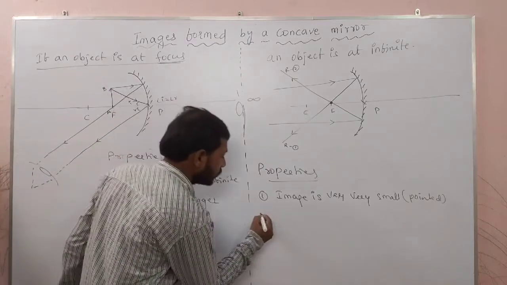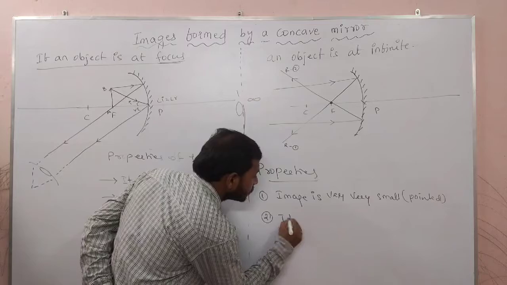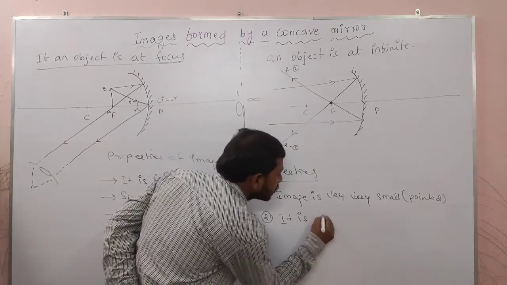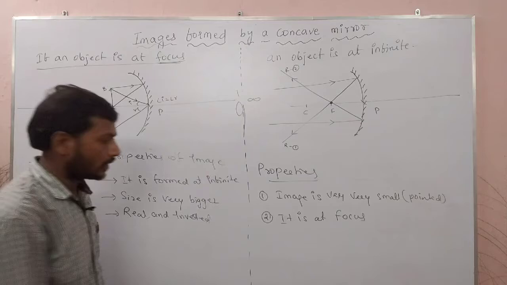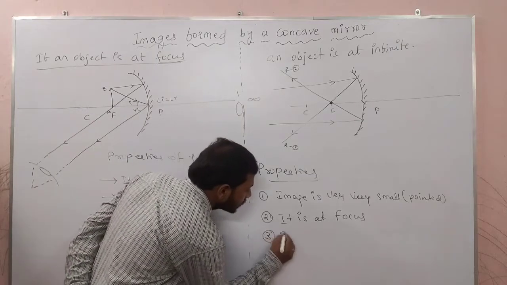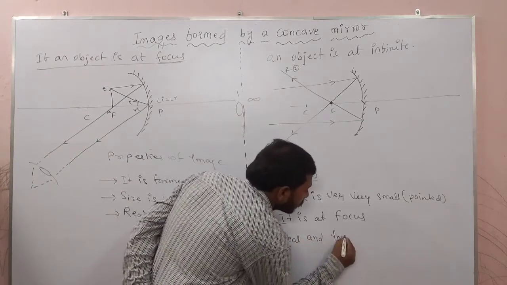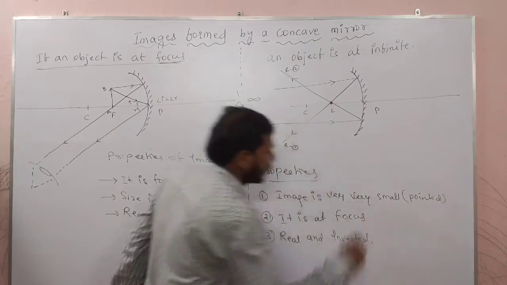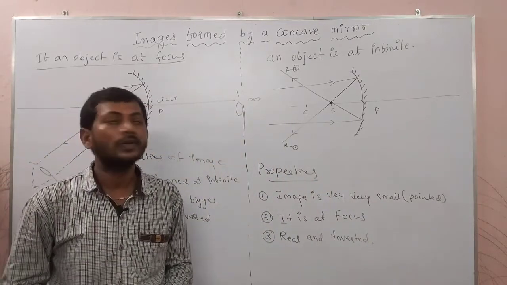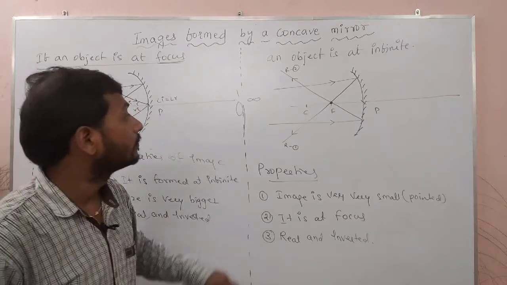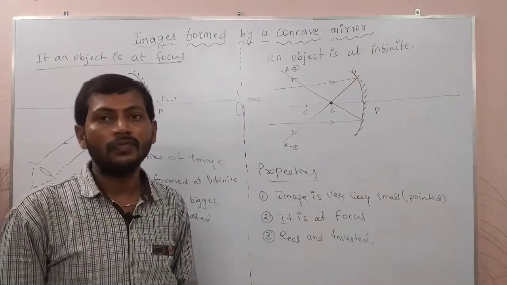Second one I am going to say, it is at focus. Third one is, real and inverted. Is it clear for you? This is when the object is at infinite, the image is at the focus.